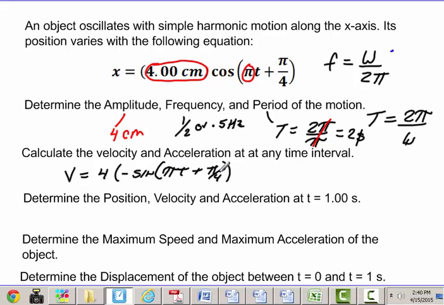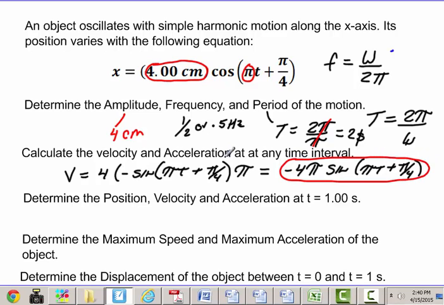And I take the derivative of what's inside here, which is going to leave me a pi. So to simplify that, that gives me negative 4 pi times the sine of pi t plus my phase shift of pi over 4. That'll give me my velocity at any point in time.